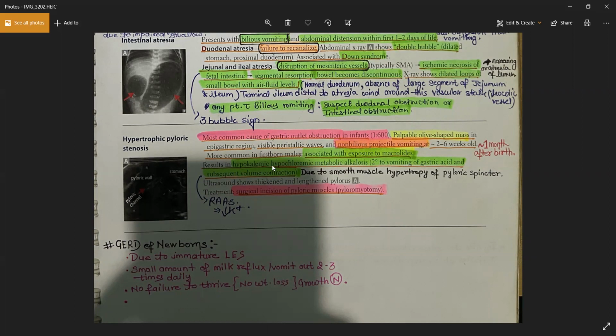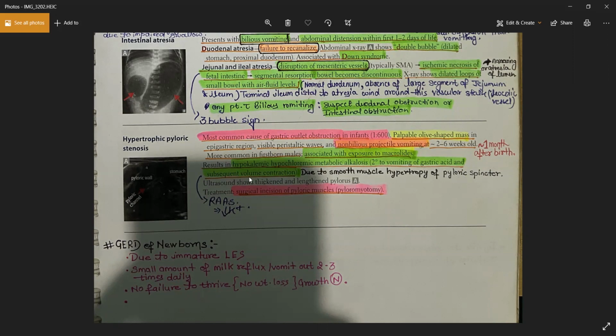You will get hypokalemia, hypochloremia, and metabolic alkalosis because of loss of acid. All of the gastric acid will be lost in the vomiting. It is all because of smooth muscle hypertrophy at the pyloric sphincter.